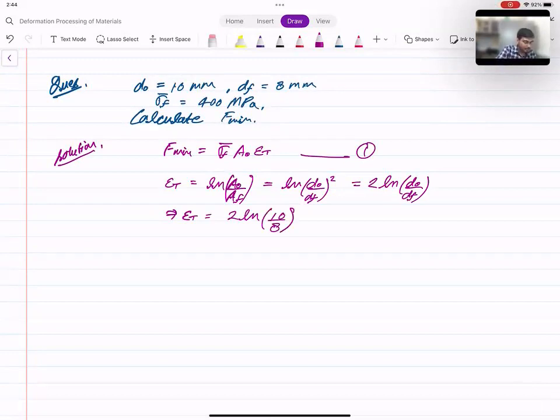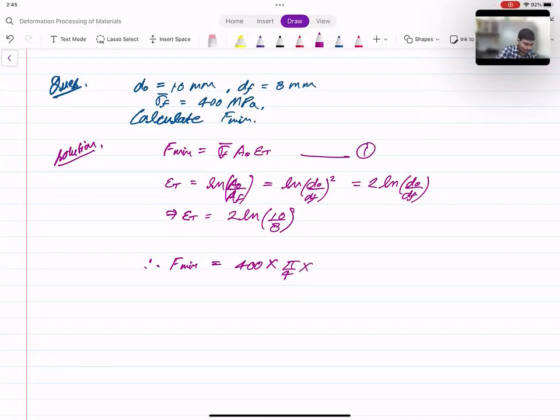Okay. So if we substitute this back into the equation of F minimum, this F min will be 400 into initial area, which is pi by 4 d naught square. Again the same thing: 400 is in megapascal, meaning this sigma f is in megapascal. So I'll put the diameter directly in mm, and area will be mm square.